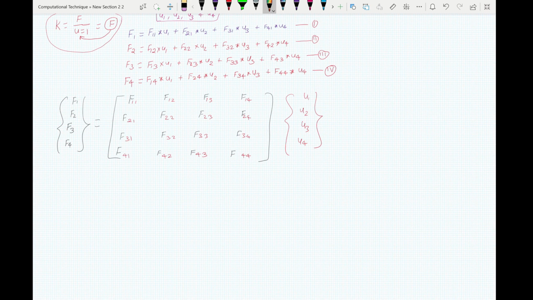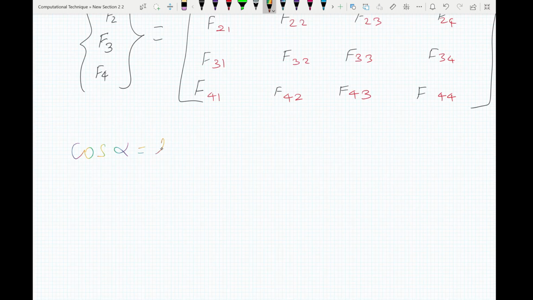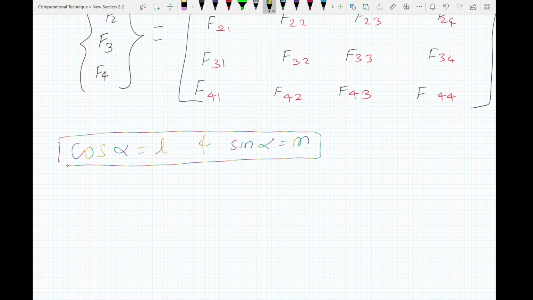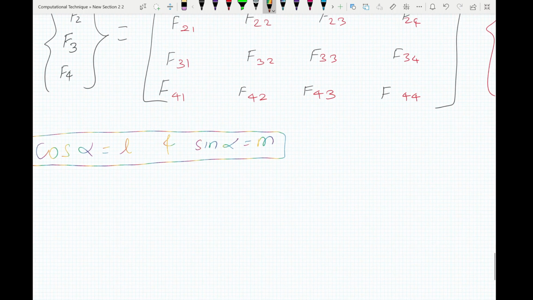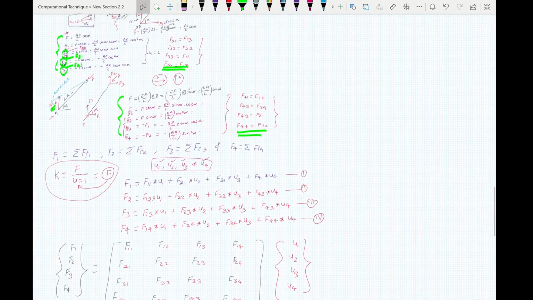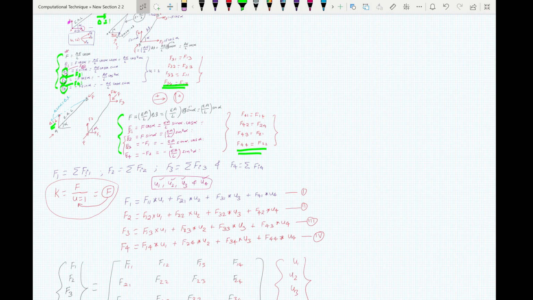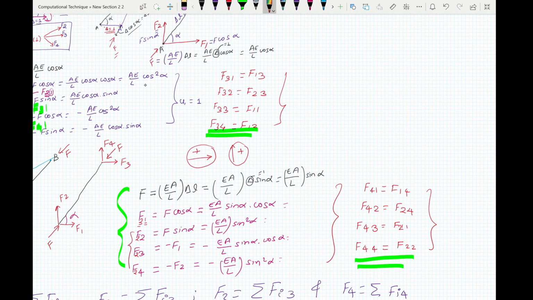Now if we denote our cos alpha by L and sin alpha by M, then you'll have your values here as L square, this one as LM, this one as L square, and this one as LM, and so on.